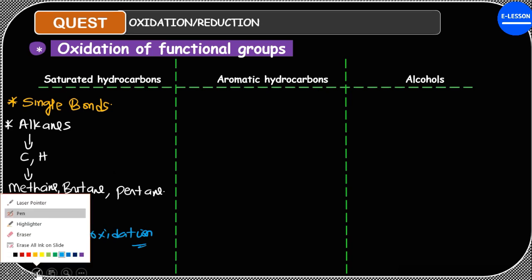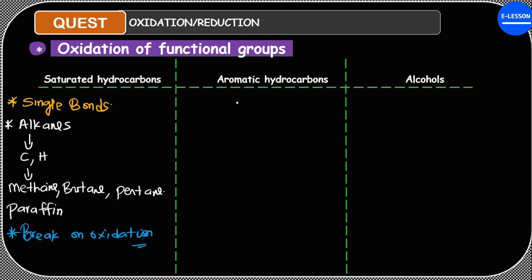Now, the next thing we are going to look at are aromatic hydrocarbons. Of course, when we talk about aromatic hydrocarbons, the first thing that should come to your mind is benzene. This is the structure of benzene. Aromatic compounds, right? Now, the question is, does benzene undergo oxidation reaction? Benzene on its own does not undergo oxidation reaction.